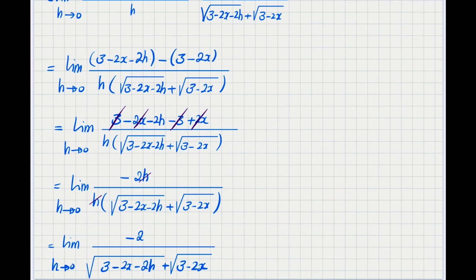Okay, now I can simply plug in h equal to 0. So h is supposed to go to 0, but when I plug in h equal to 0, nothing odd happens, so this becomes minus 2. In the denominator I will have the square root of 3 minus 2x plus another square root of 3 minus 2x.